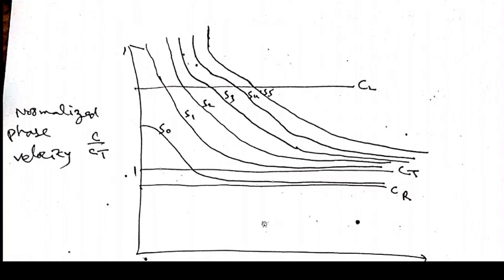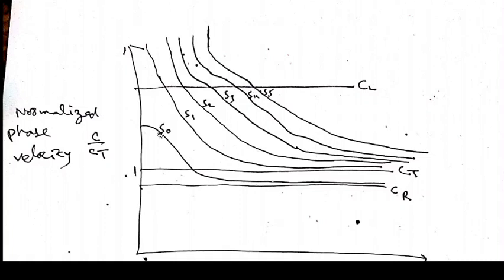In that figure you can see very clearly that there is a plateau region along this value CL, and all the modes are approaching this value CT, and there is only one mode which crosses this line CT and approaches the value CR, the Rayleigh wave speed. This is S0.